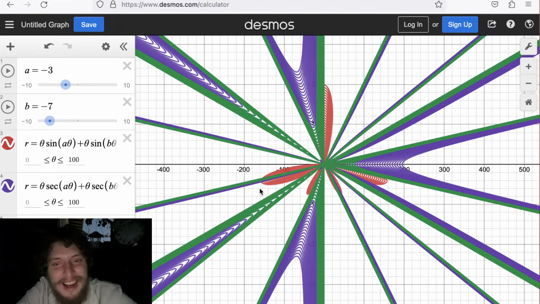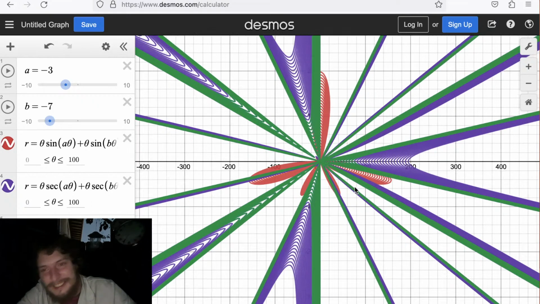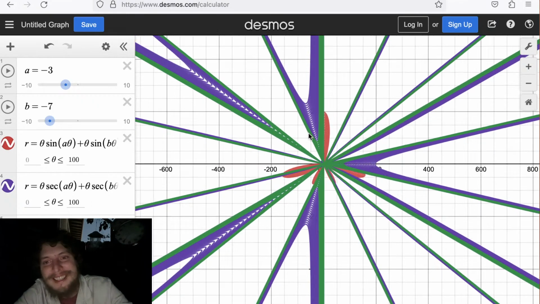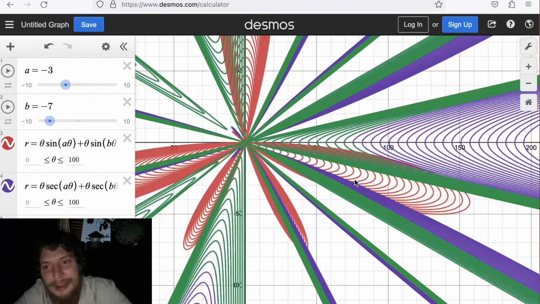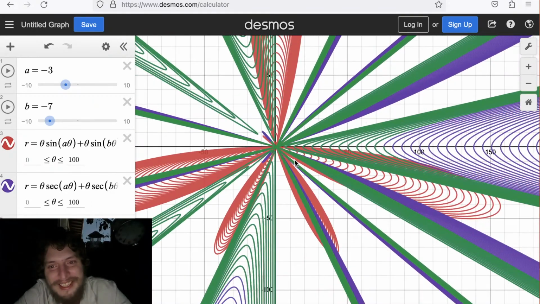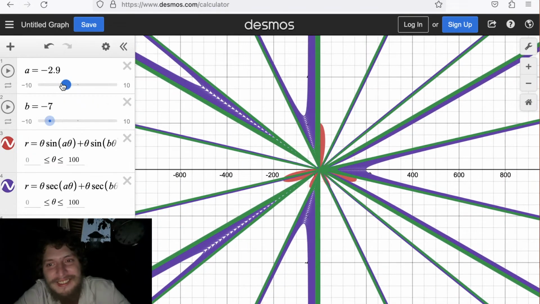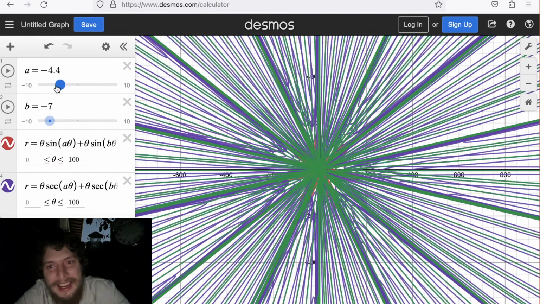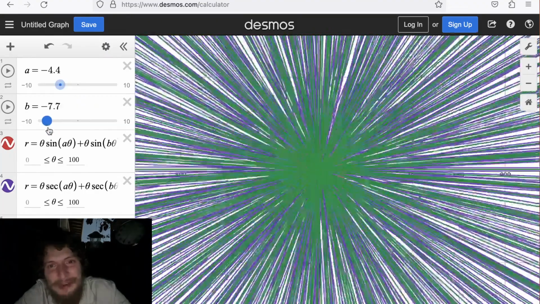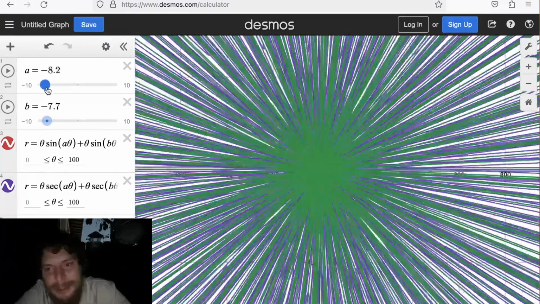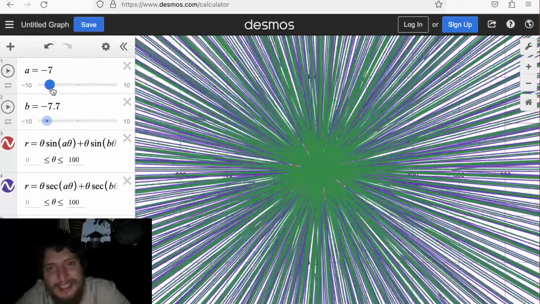And like I said in the title, at least the temporary title I started the stream as, we're creating whole universes out of these graphs. And it is in a way, because it looks like a whole big bang of a universe and different things coming out. And if we want to see what's next in the universe, we could imagine one version of that being sliding the A or sliding the B. We could also imagine a different form of next in the universe being if we added to how much theta it is analyzing.